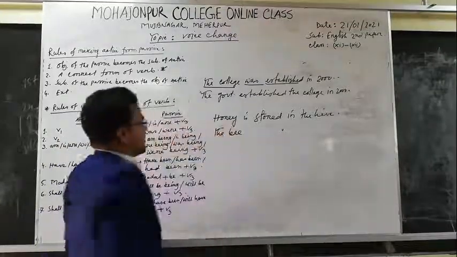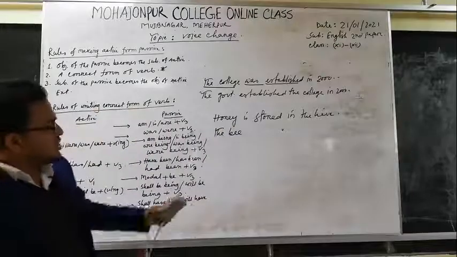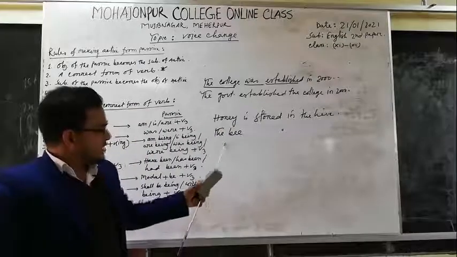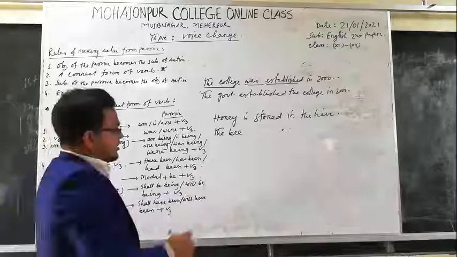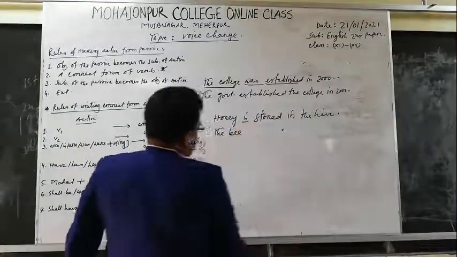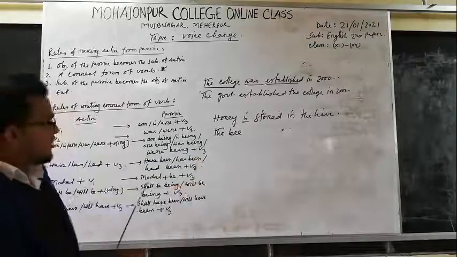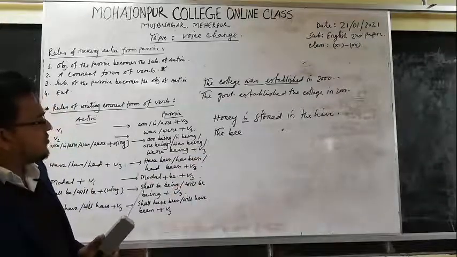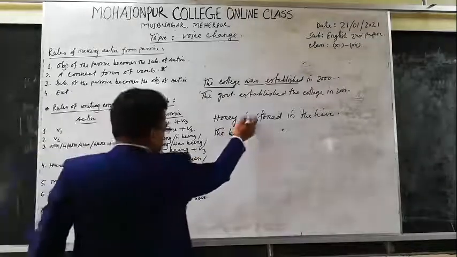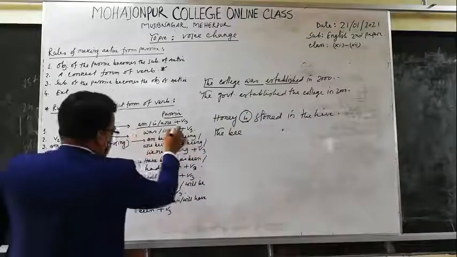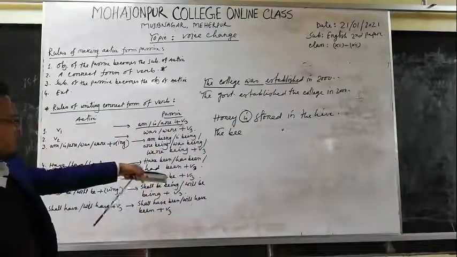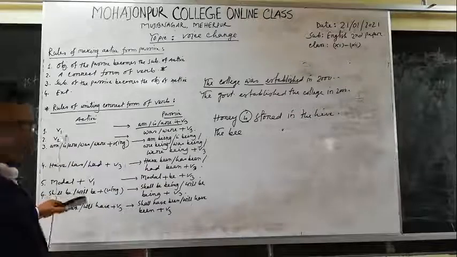The bee can store honey, so the subject has become the bee. And now, by noticing the auxiliary verb, we have to make a correct form of verb here. If there is am, is, are, and past participle form of verb, it will become present form of verb.